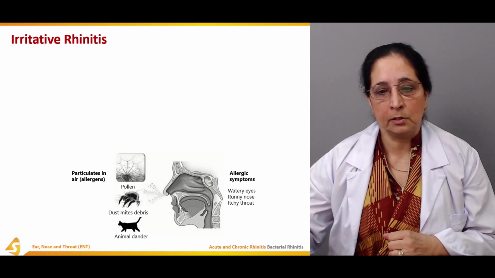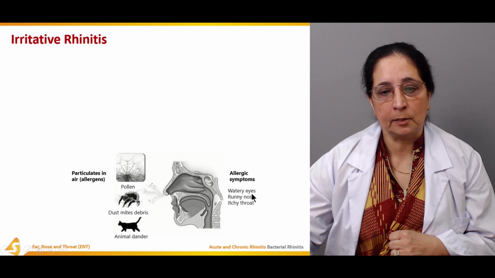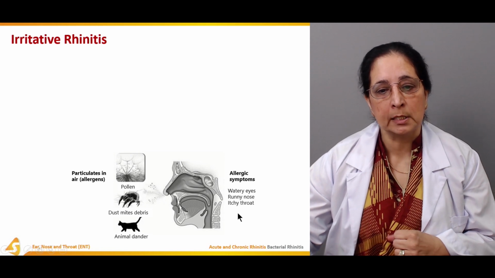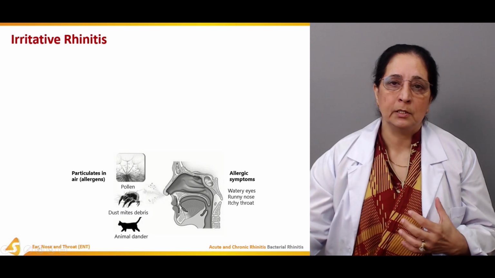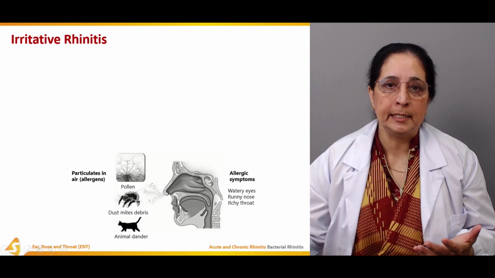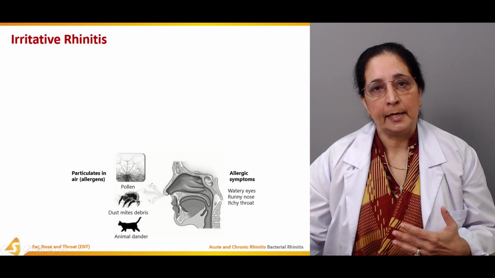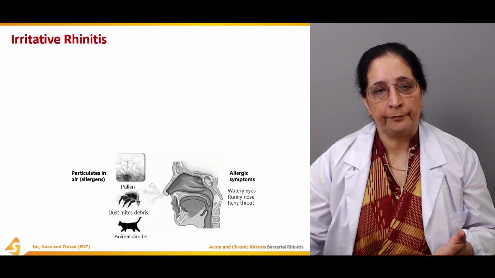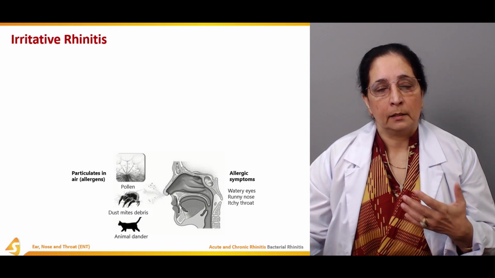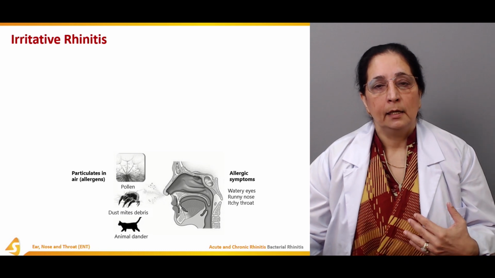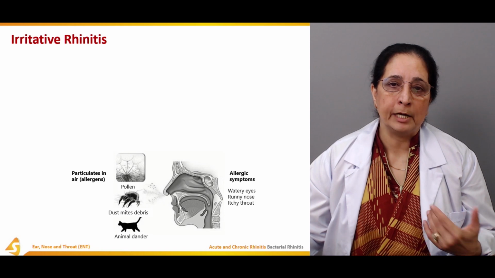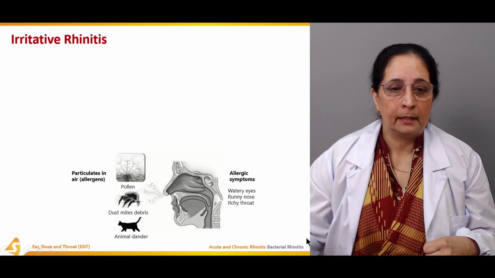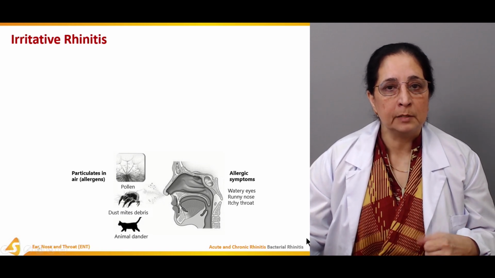These can also present as watery eyes, runny nose, itchy throat. People who have this irritative type of rhinitis or allergies to different allergens should take precautions. They should cover their mouth to avoid the entrance of allergens and pollens.